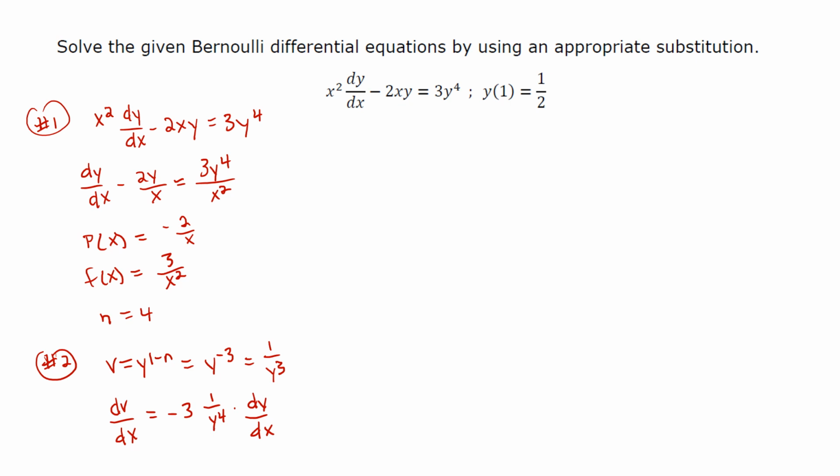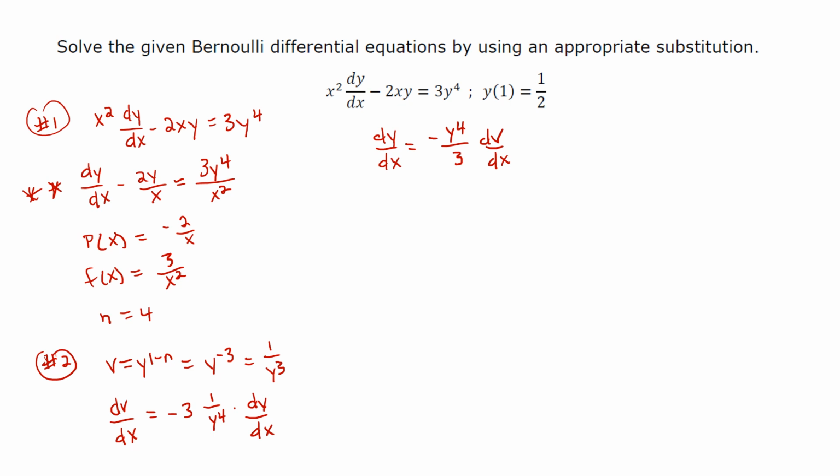We can rewrite this to isolate dy dx by itself, and we'll get negative y to the 4th over 3 dv dx. Now that we isolated dy dx, we can substitute this into our original equation.